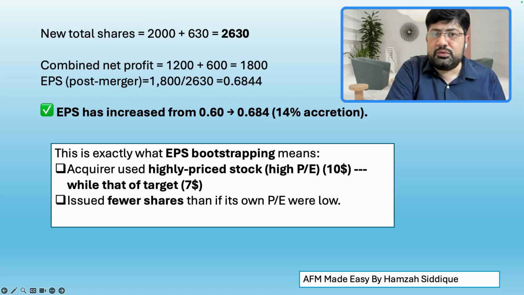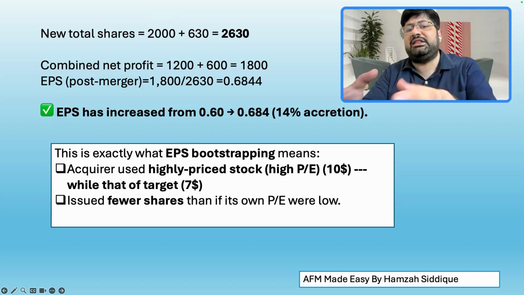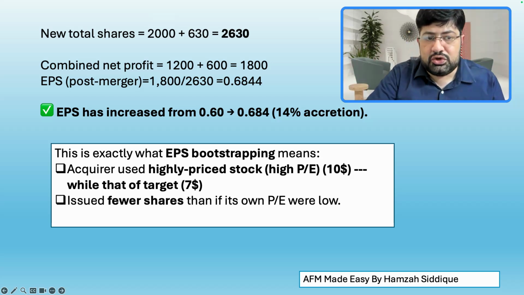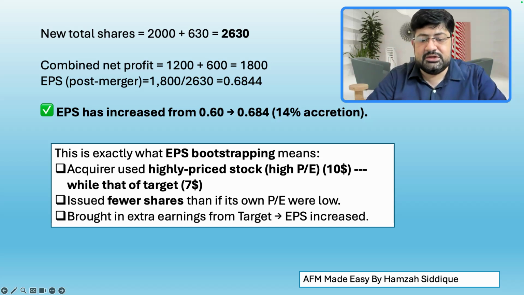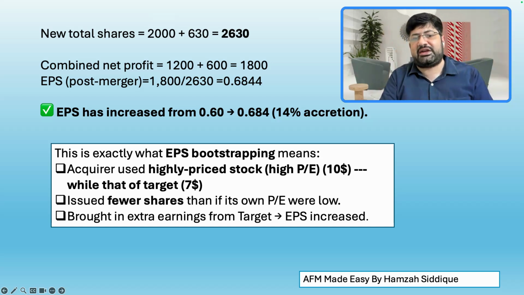They have to issue a lower number of shares to buy that target company, and so total earning per share is increased. So this is called the bootstrapping effect.